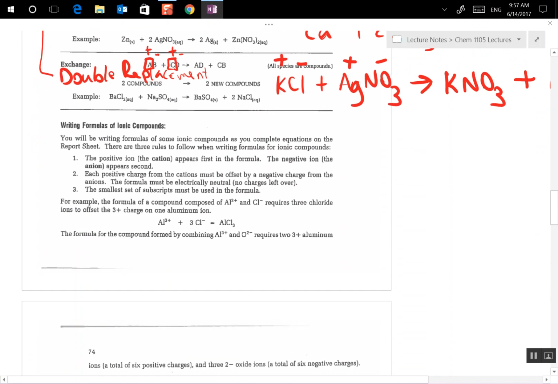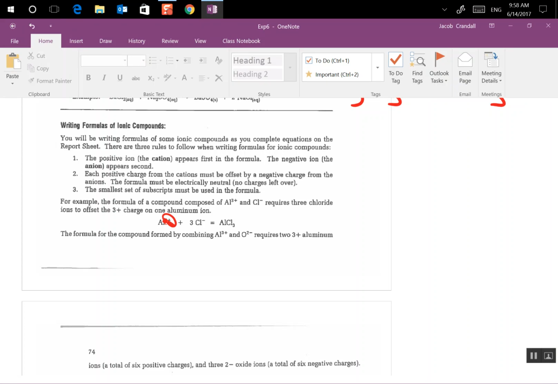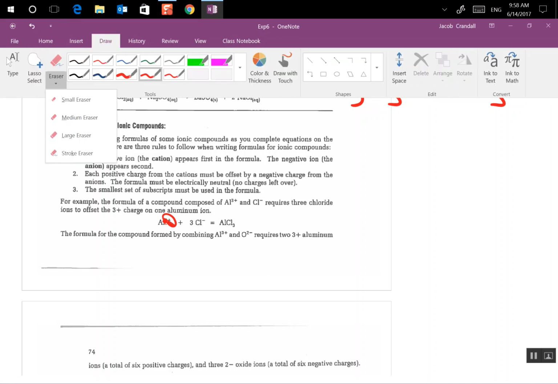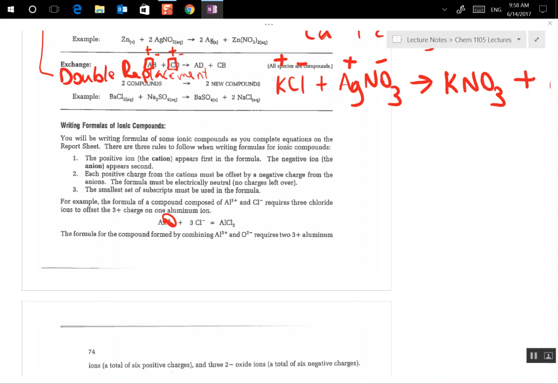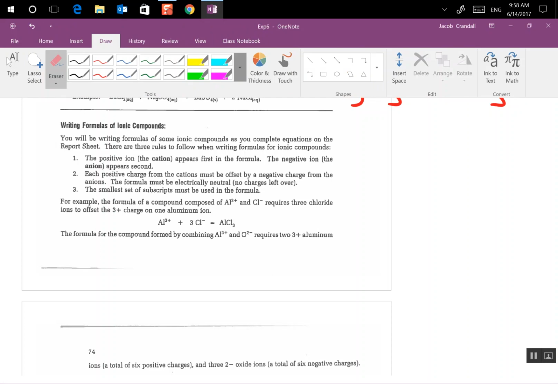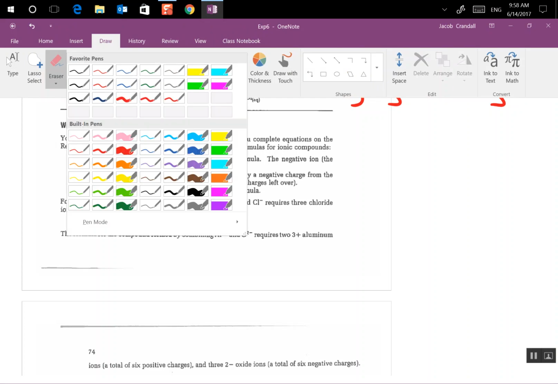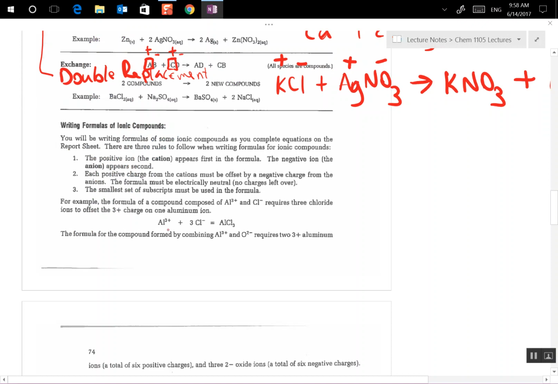So just in review, if you're writing a formula, here I have Al3+ and Cl-. Let's go back here. So Al3+ and Cl-.